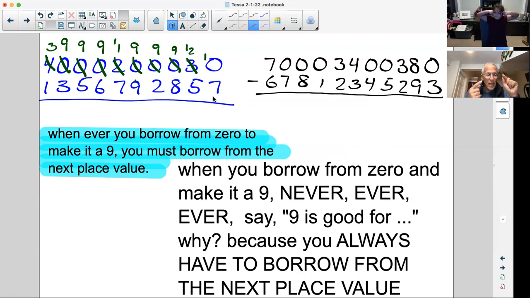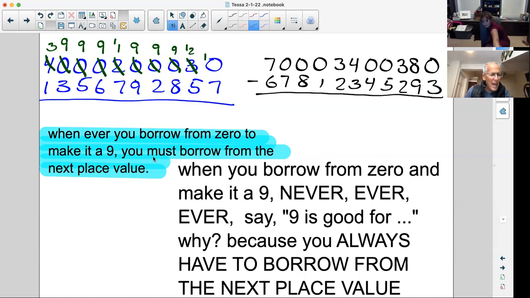Before I say any words, I am going to think and test. And that thinking and testing means look at the rules. And Tessa, when you borrow, you must take away from the next place value.